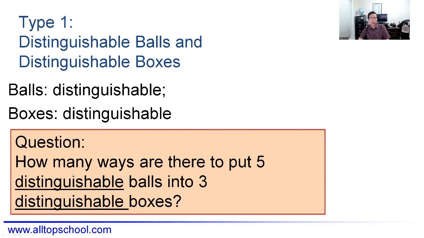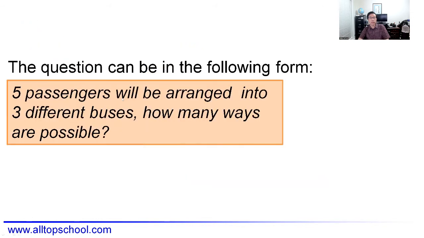This sounds weird because in the actual problems, they may not talk about balls and boxes at all. The actual problem is just like this: 5 passengers will be arranged into 3 different buses. How many ways are possible? The passengers are all different, and the 3 buses are all different.